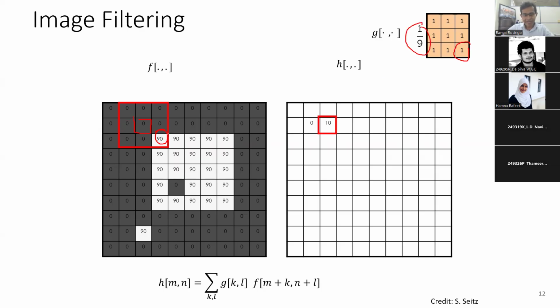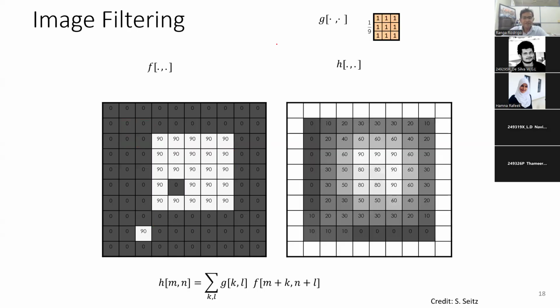So therefore, you get 10 here. Again, to the next point: there are two 90s overlapping with the kernel, so we get 20, then 30, 30. And in a place like this, there are 1, 2, 3, 4, 5 90s, so you will get 50 and so on. So this is the output of the convolution operation with this kernel, 1/9 times all ones.